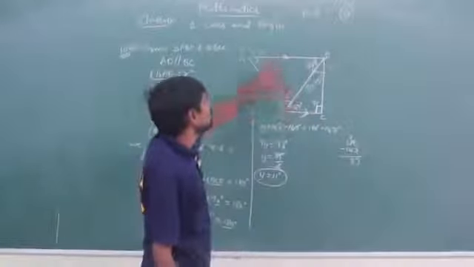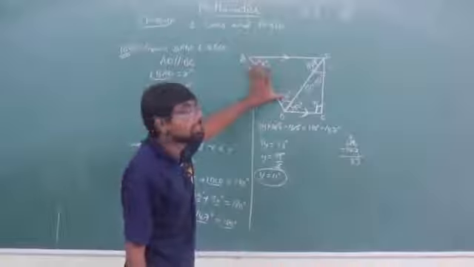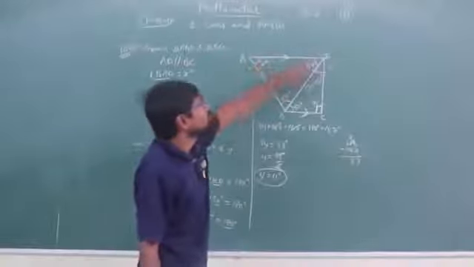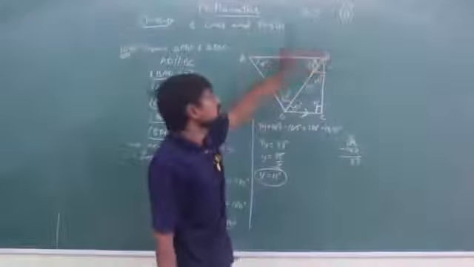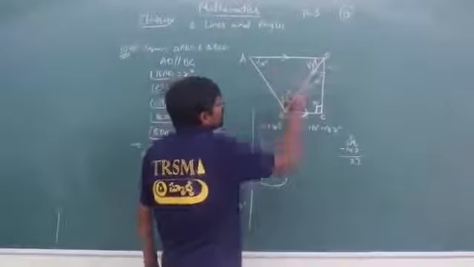Okay, second method. Now here you have got interior angles, sum of interior angles. Here no opposite exterior angle is present, so because of that reason we are not taking it here. So directly we will be taking from this triangle.